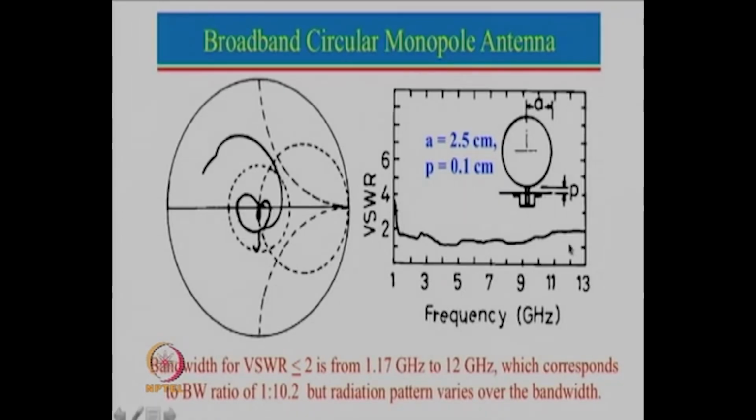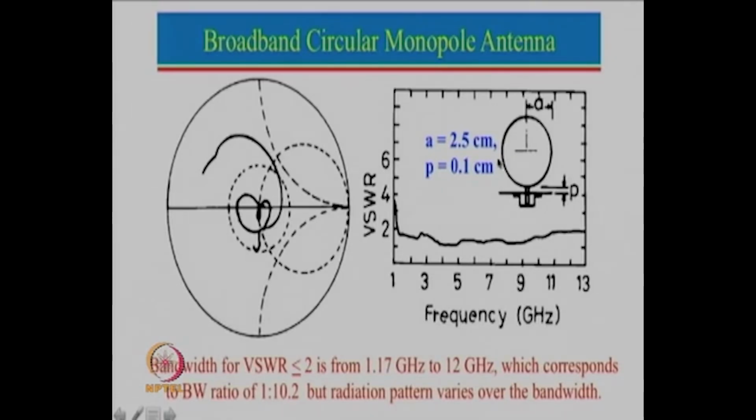So, we decided to investigate this particular configuration, and in those days we did not have sophisticated software tools to do the simulation. So, we decided to do a lot of experiments.